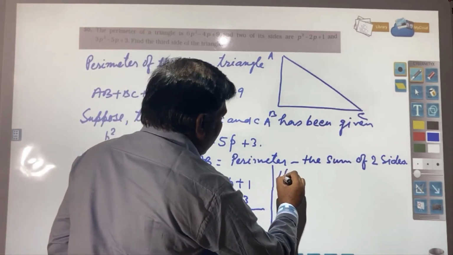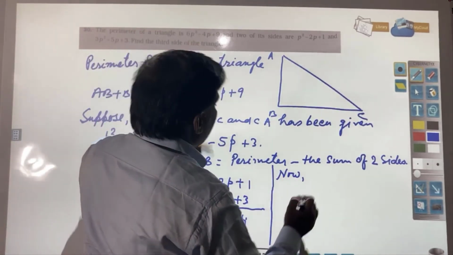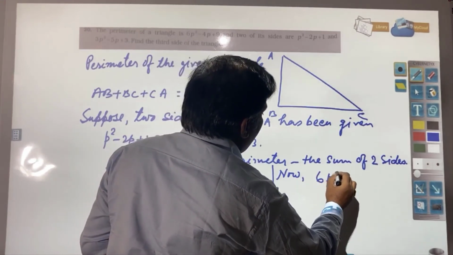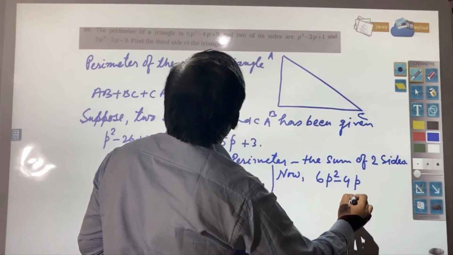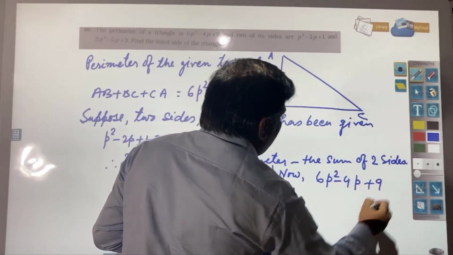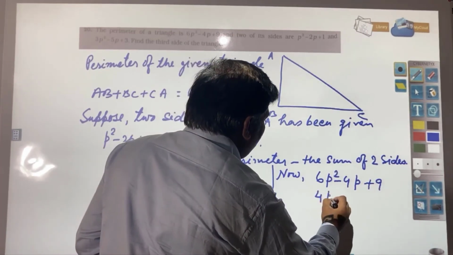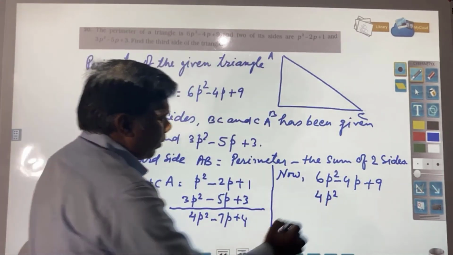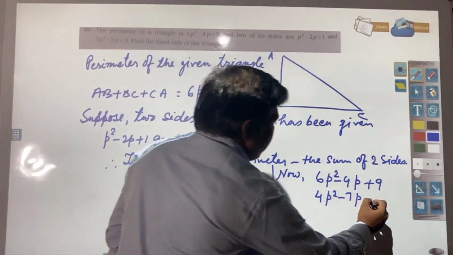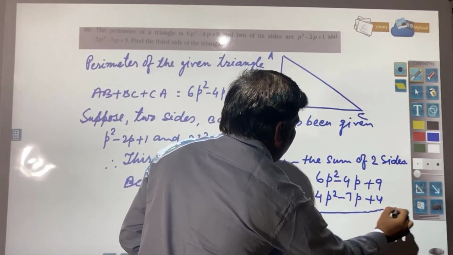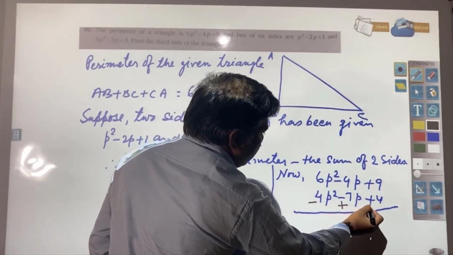Now, your perimeter is 6p square minus 4p plus 9. You need to subtract this sum, that is 4p square minus 7p plus 4. You need to change the signs, minus, plus, minus.